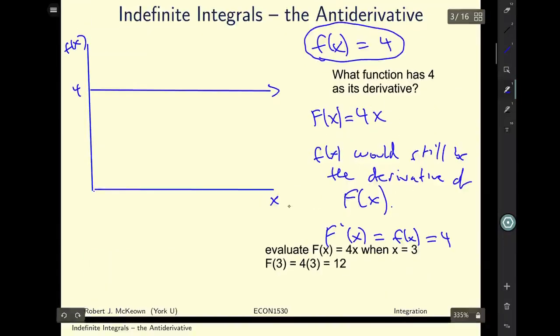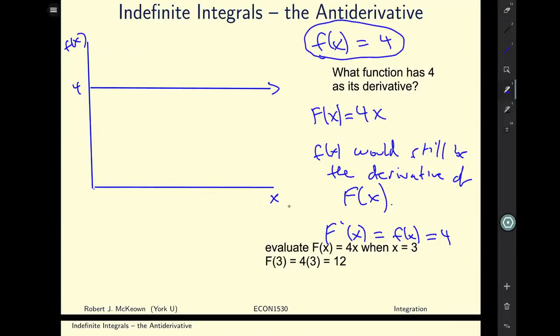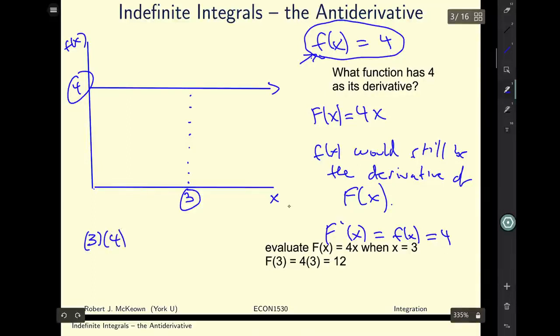Now let me go back to the diagram, and let's see something about integration by looking at this diagram. If I put 3 on the x-axis, and I walk my way up to the function little f of x, notice that I've got a 3 and I've got a 4 here, and 3 times 4 is equal to 12.